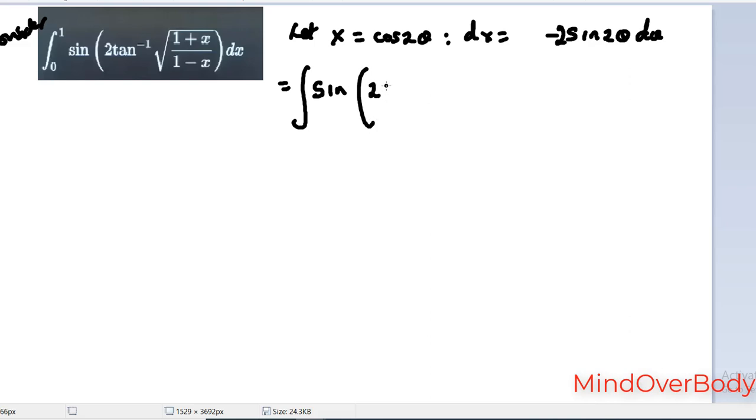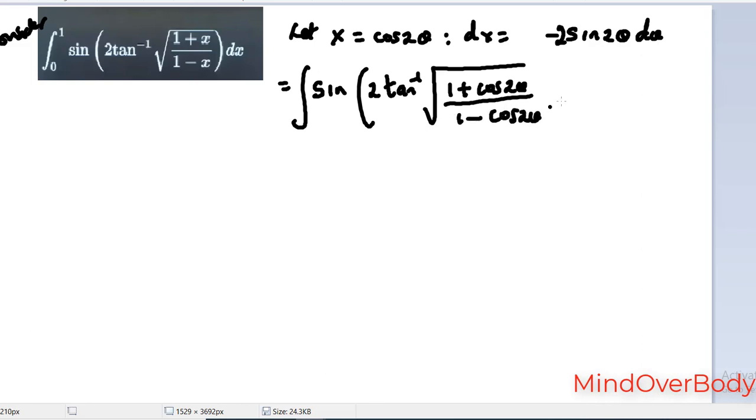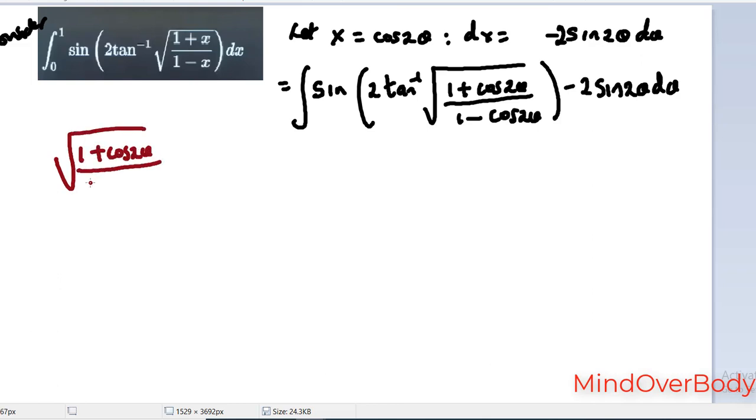Sine of 2 times sine inverse, that's tan inverse, so tan inverse of square root of (1 positive cos 2 theta divided by 1 negative cos 2 theta) times d theta, or I would say the dx is negative 2 times sine 2 theta times d theta. Now let me consider the square root of 1 positive cos 2 theta over 1 negative cos 2 theta.